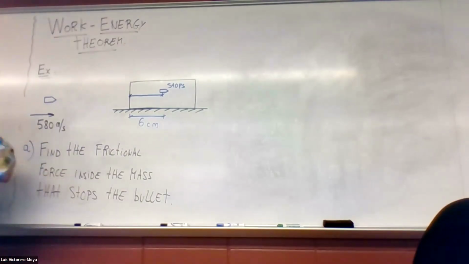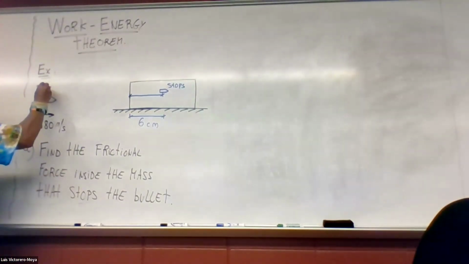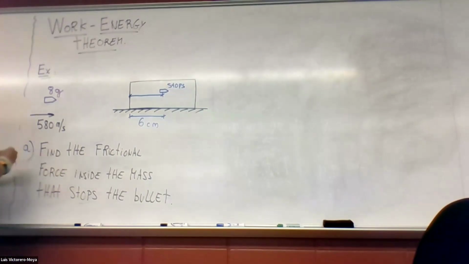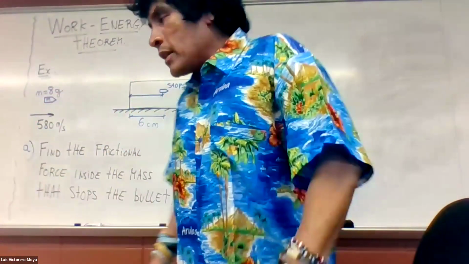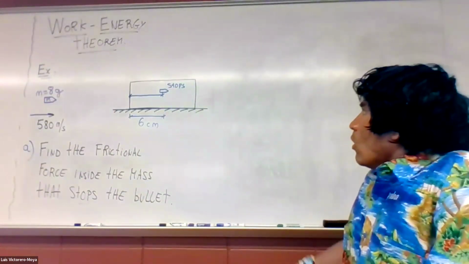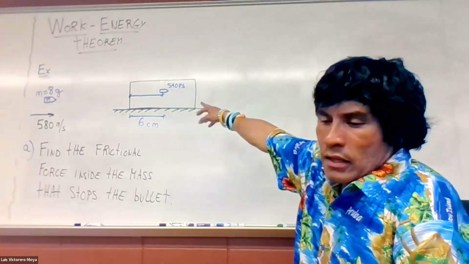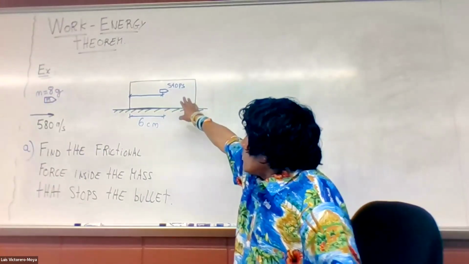This is an 8-gram bullet. Yeah, so it's stopping because of the force of friction, right? So what's the energy at the end? What's the energy here?